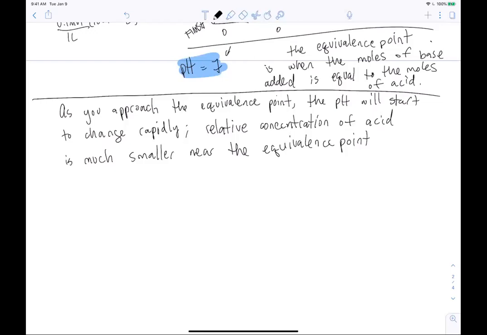You start with $100, now you've got $99. But towards the end of the month, if you've only got $2 left in your bank account and I take away $1, that's a 50% change. That's why, as you approach the equivalence point, you see the pH vary rapidly. The relative change is much larger.